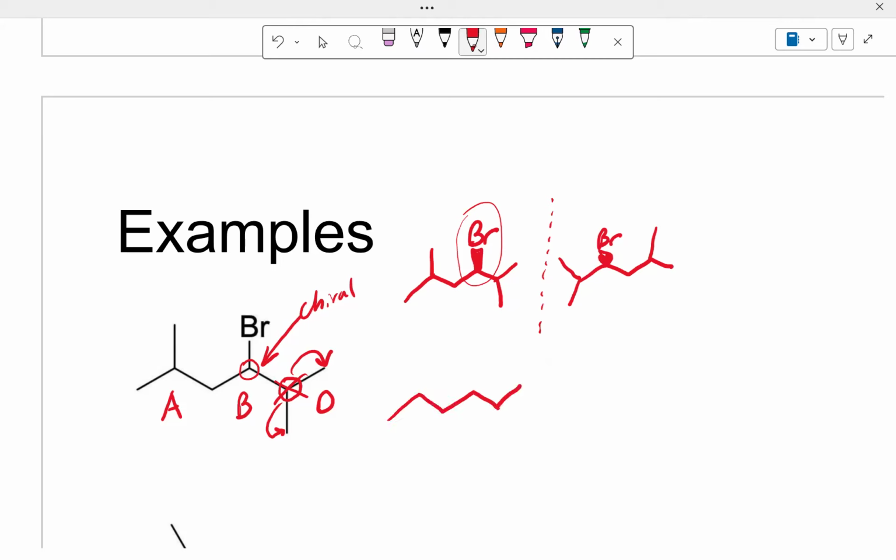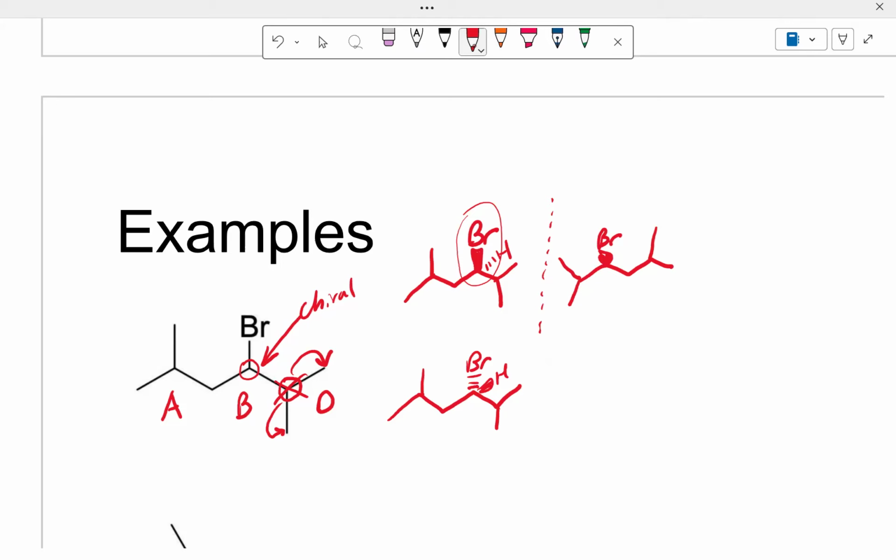So make everything the opposite wedge. If that bromine has a solid wedge, give it a dashed wedge. Because it's assumed that the hydrogen you don't see has the opposite wedge. And so this one would have the opposite wedge. So you just take two groups around your chiral center and flip them.